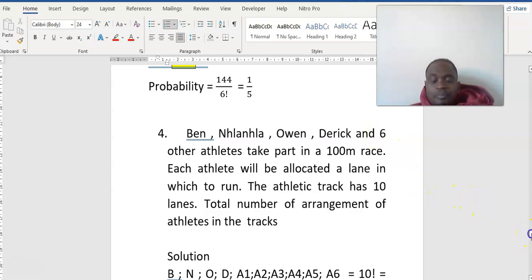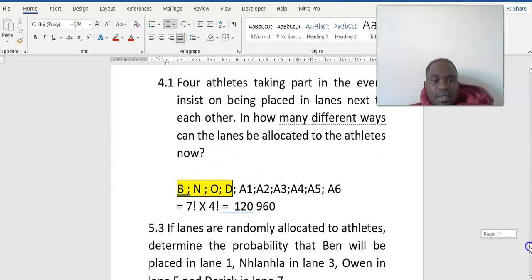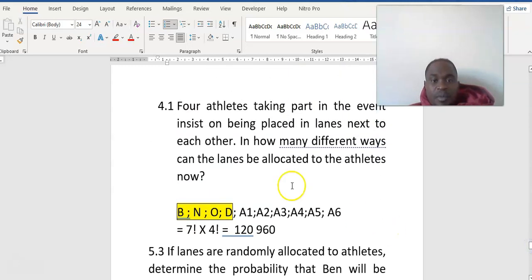Now, the question says, in how many ways can the lane be allocated to the athletes now? So how many ways? But these ones must sit next to each other.